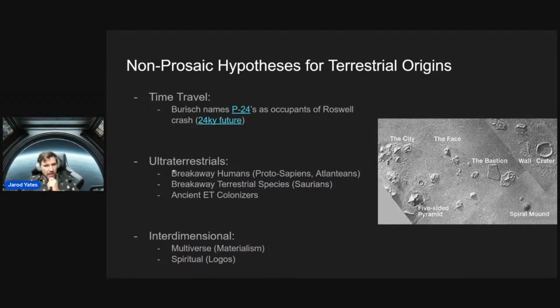Another way, you have breakaway civilizations of some kind. Maybe there was some civilization that was building megalithic structures earlier than 13,000 years ago. I included this picture that, obviously take it with a grain of salt, but the whole face on Mars right next to the five-sided pyramid, right next to some other interesting structures. People have tried to suggest there was a civilization on Mars at one point.